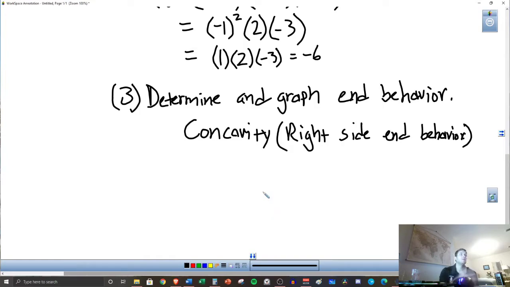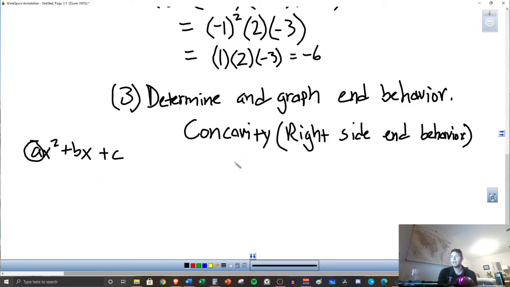So if you remember from the end behavior video, from an equation or a function, we were always using, don't write this, ax squared plus bx plus c. And we were looking at the a value to tell us what the concavity was.